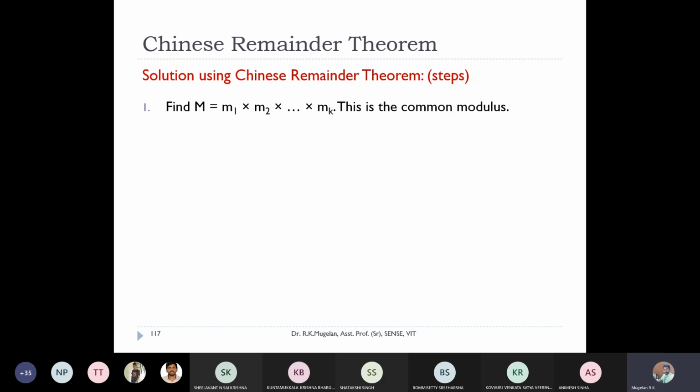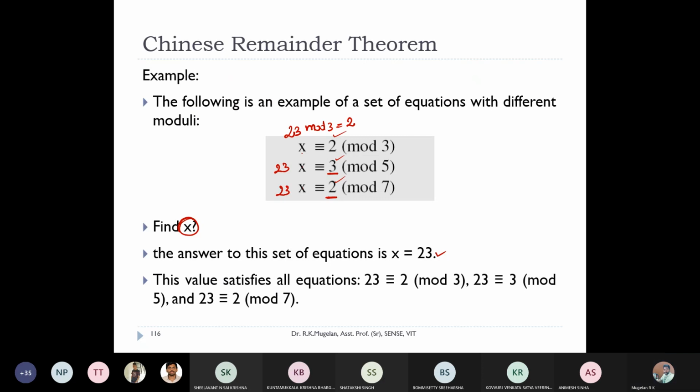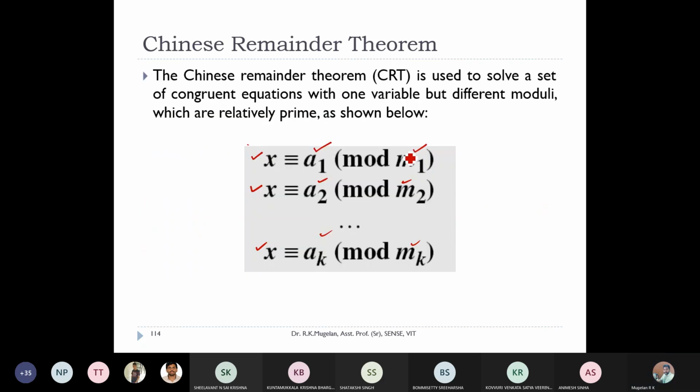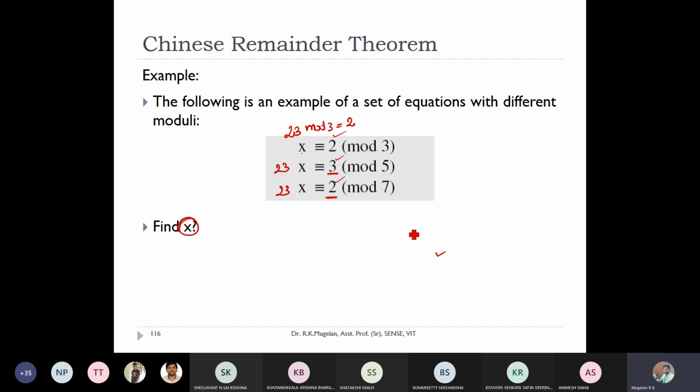The first step is creating a common modulus. We call it capital M, which will be the product of m1, m2, up to mk. That is, if you remember the general expression here, the product of m1, m2 up to mk. Okay, that's the first step.